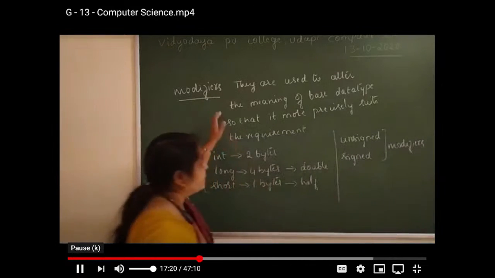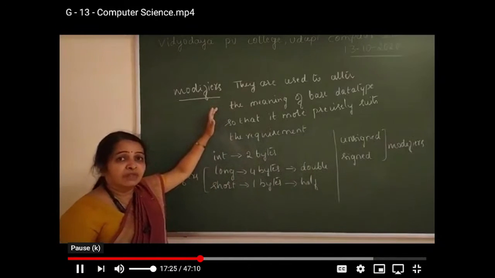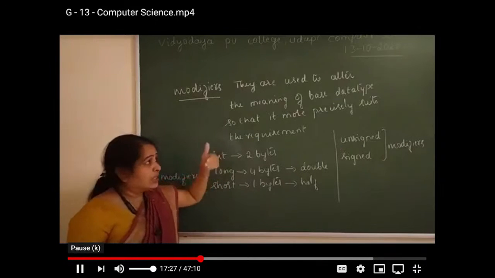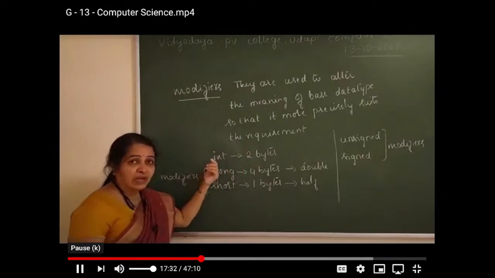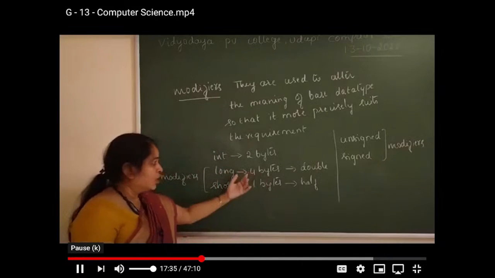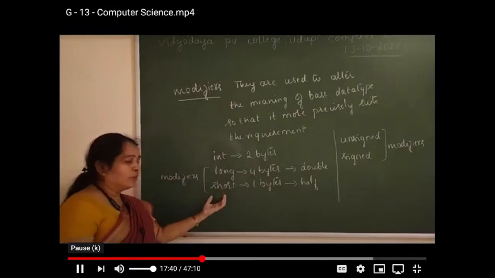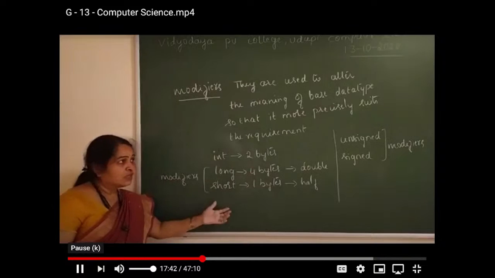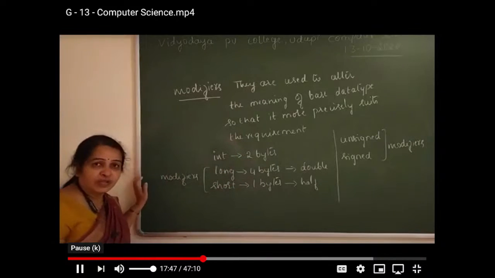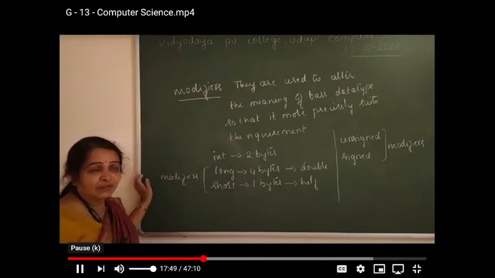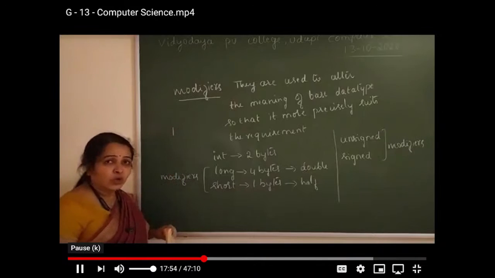So the modifiers are used to alter the meaning of the base data type so that it more precisely suits the user's requirement. If you think int is not sufficient, you can go for long. If you think int is more than the requirement, then you can take it as short. Similarly, signed and unsigned. So this is about the modifiers. Hope it is clear. This is an important question for 1 mark. Okay.